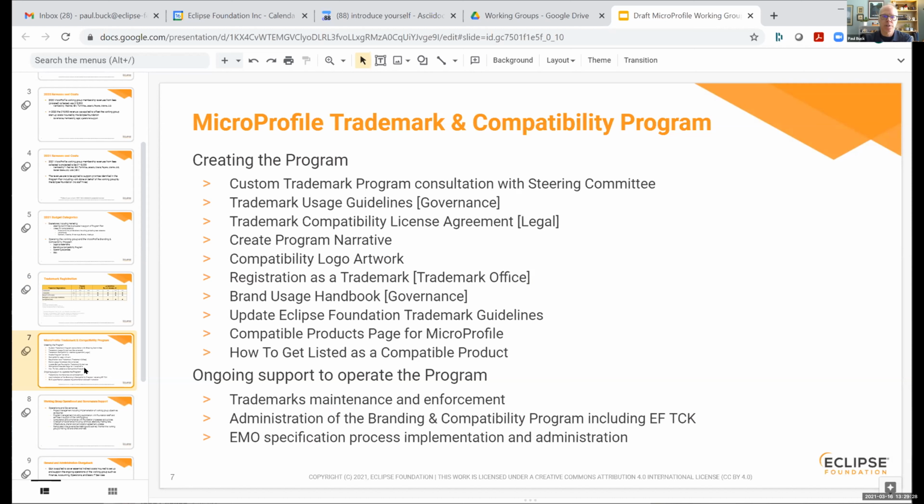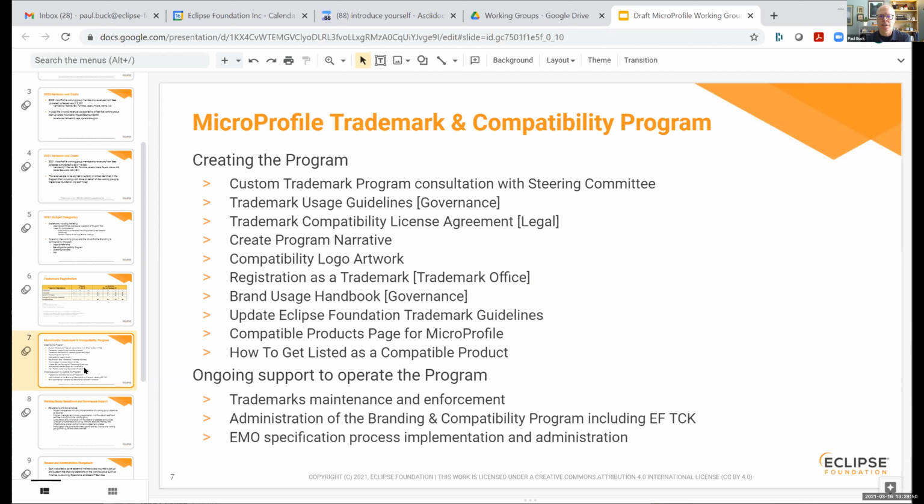That said, the first bullet item here, I put custom trademark program consultation with the steering committee, because I do realize that there's input required, and there has been some discussion as we're standing up the working group with regards to the custom trademark program.